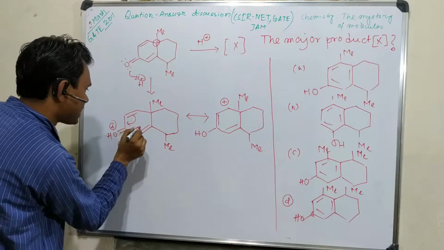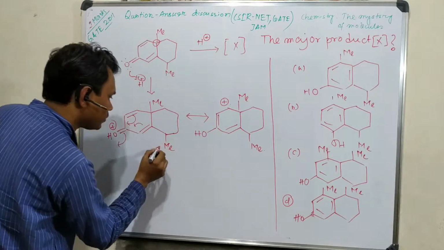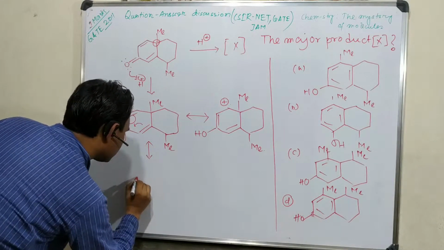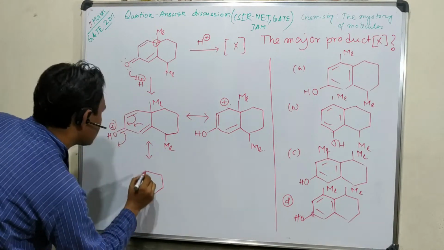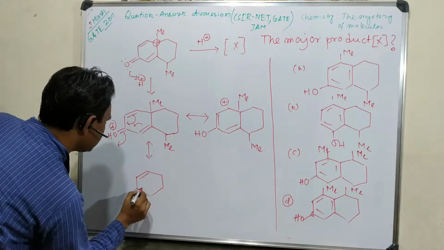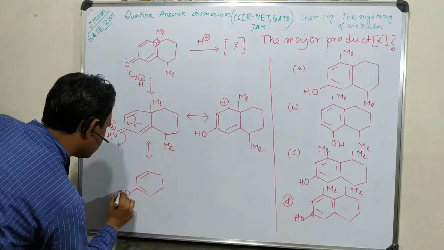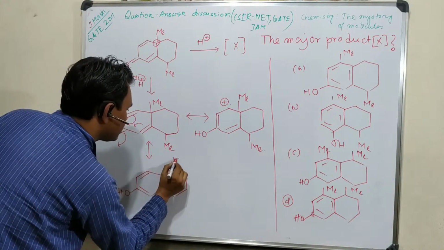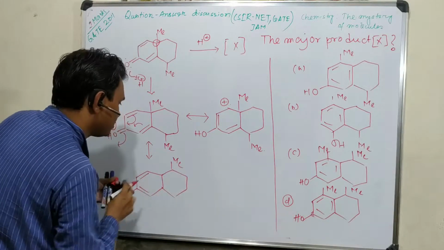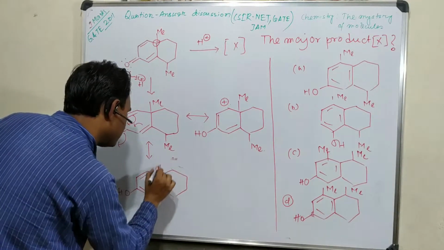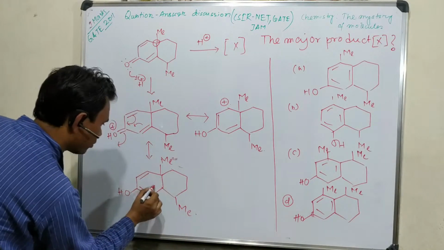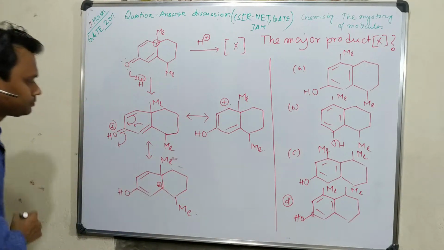One option from here, another option from here. The double bond must be here, and this is OH, for a similar reason. The methyl group is here, another is here, and the positive charge should be here.